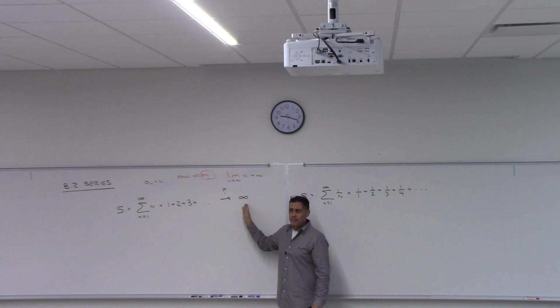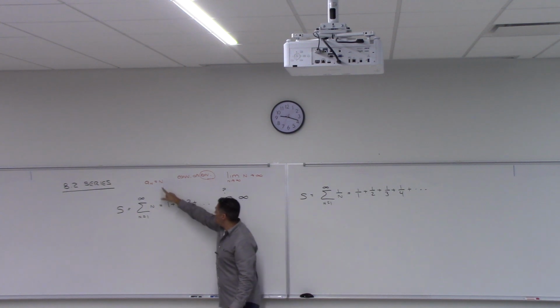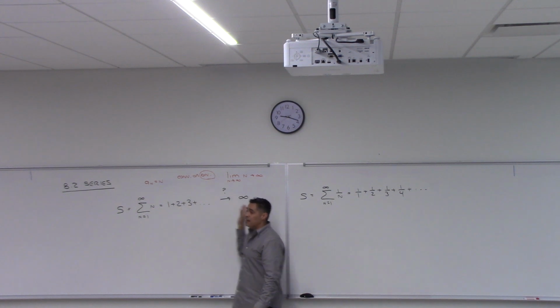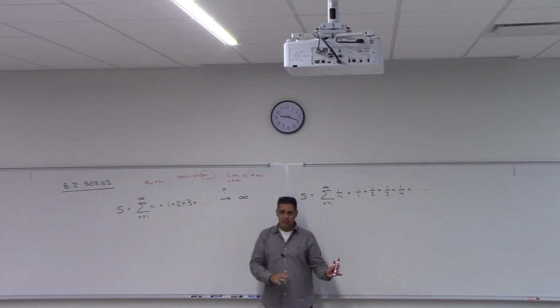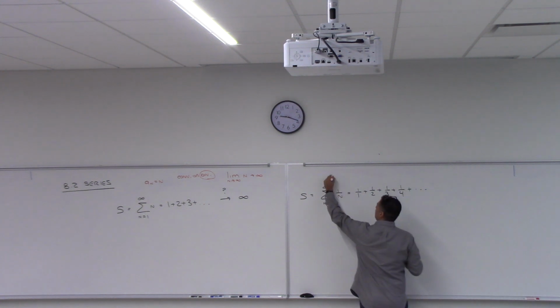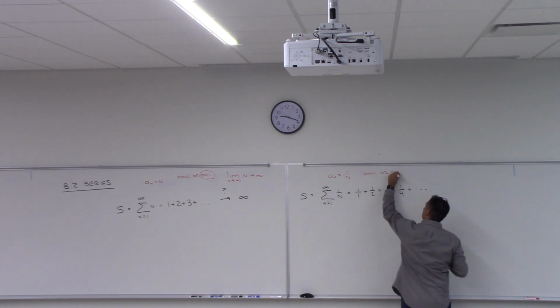Do you see that? But these are two different ideas. Here, I'm asking about the convergence or divergence of this sequence. You can tell me that answer just by taking a limit. Whether or not those things add up to be a number is a totally different question. Let me show you here. What's the sequence? 1 over n. Does that converge or diverge?